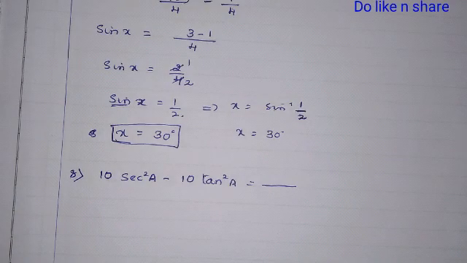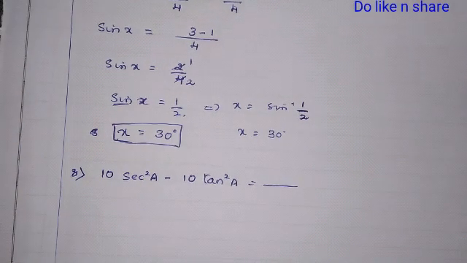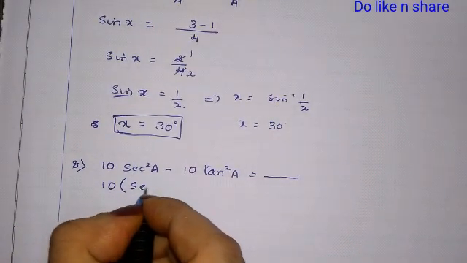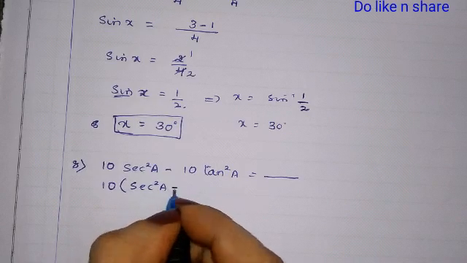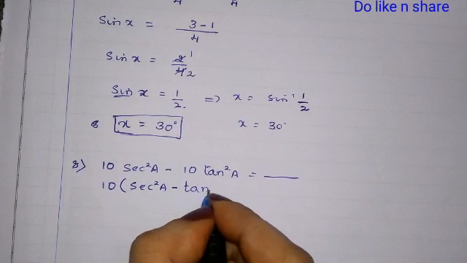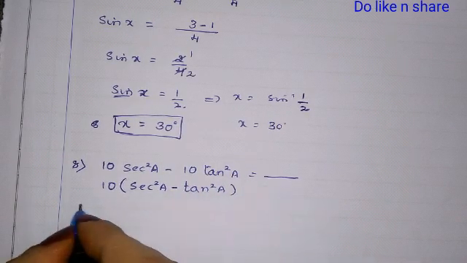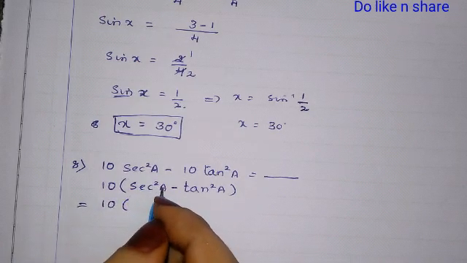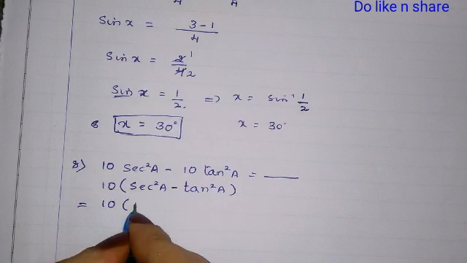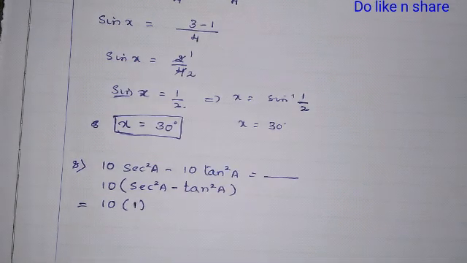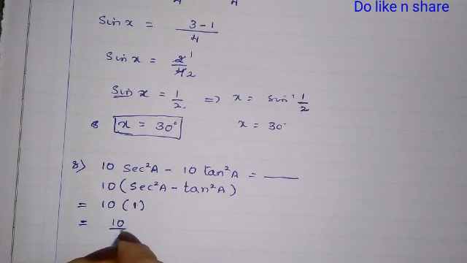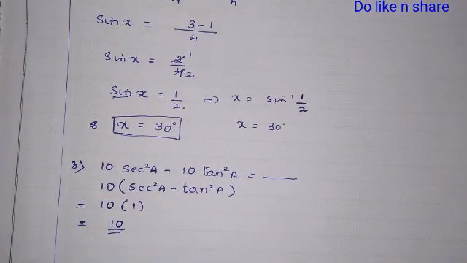So here we can see that in both the terms 10 is common. So I'll take 10 as common. What is left? Sec square a minus tan square a. Now based on the identity, sec square a minus tan square a is 1, because it is the identity. So the answer is 10 into 1, which is 10. So the correct answer is 10.